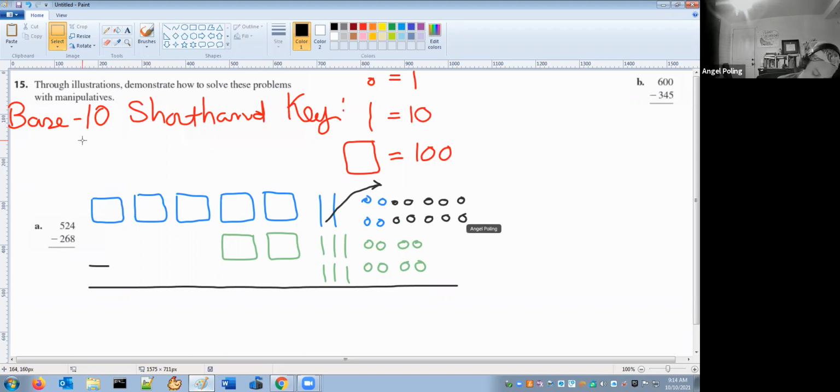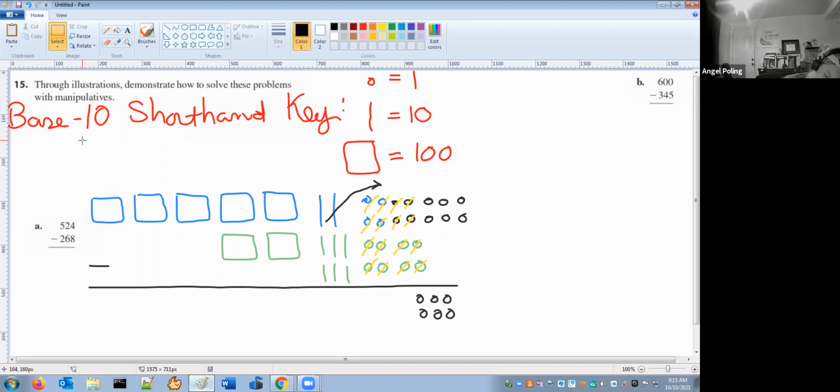And now we can take away the 8 from below, leaving us with the 1, 2, 3, 4, 5, 6 units. Now we're going to try to take away 6 tens from the one blue 10 that's sitting there.